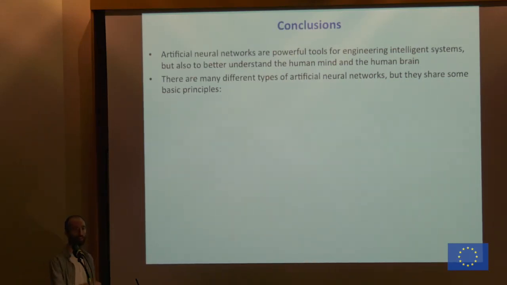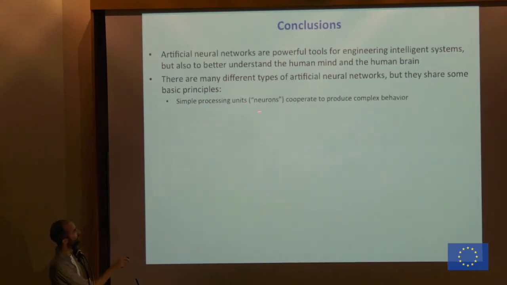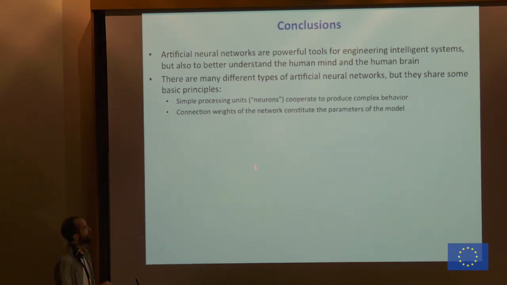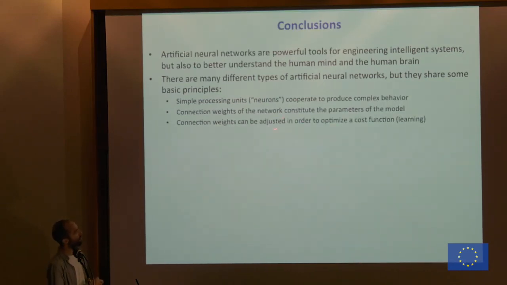They share some basic features, like they use simple processing units, neurons, that cooperate to produce complex behavior. The connection weights of the network are the parameters of the model that must be learned, and they can be adjusted, for example, by optimizing a cost function. Okay? These are the basic ideas in neural networks.